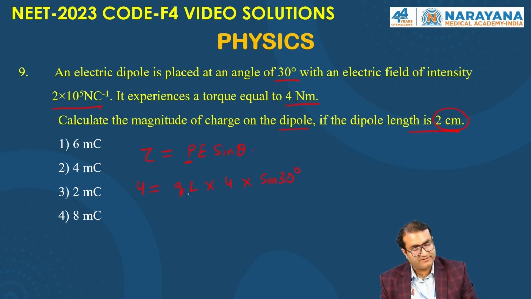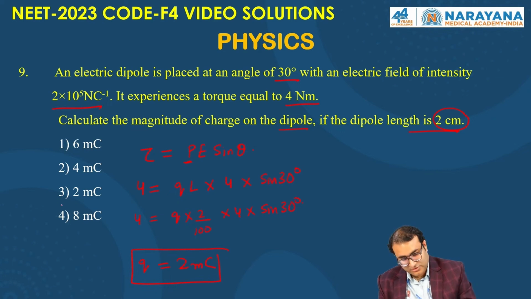Put the value of length as 2 by 100. On solving this, we get the value of q as 2 millicoulomb. Third option is correct.